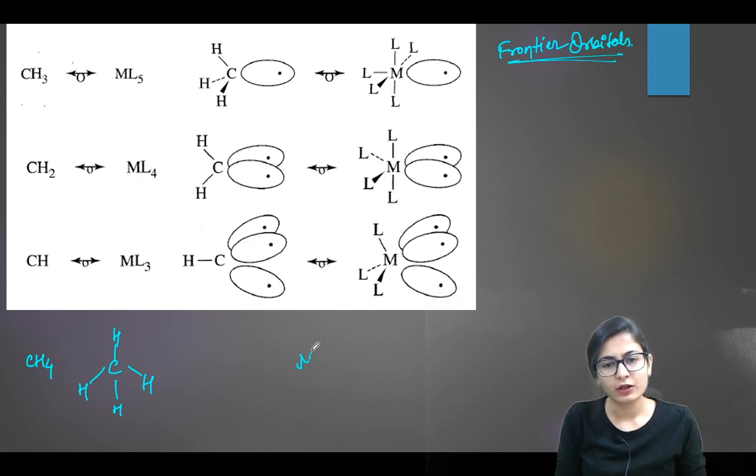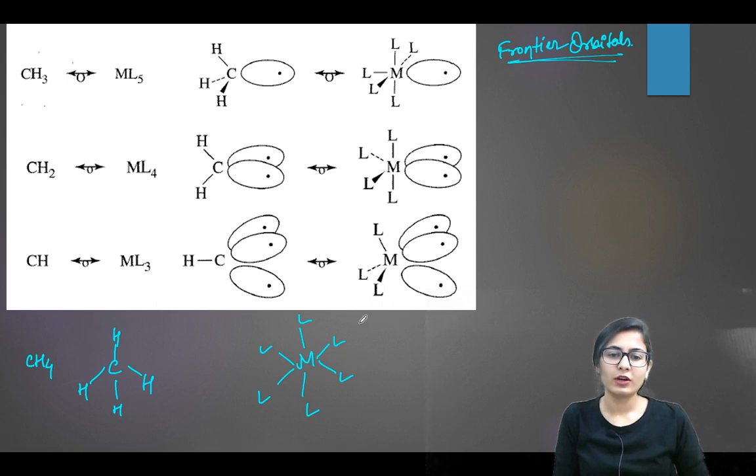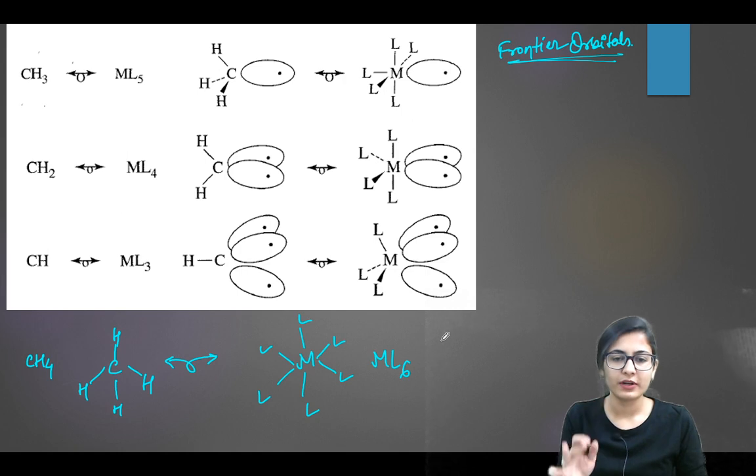Similarly, ML6 has an sp3d2 structure, and all of the orbitals are again occupied. So we already know CH4 and ML6 are isolobal, and we have checked the frontier orbitals: there is no frontier orbital to donate electrons.